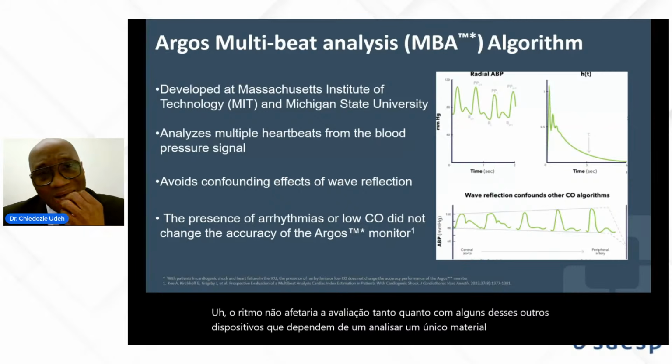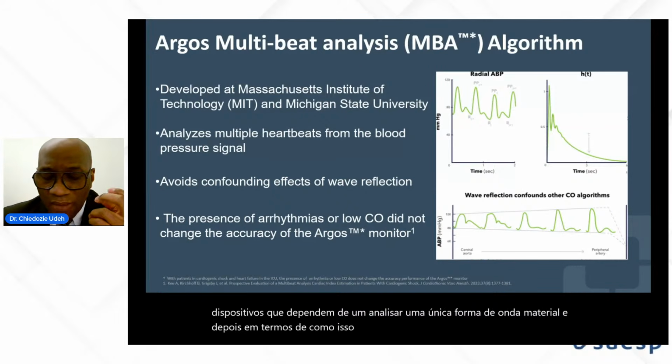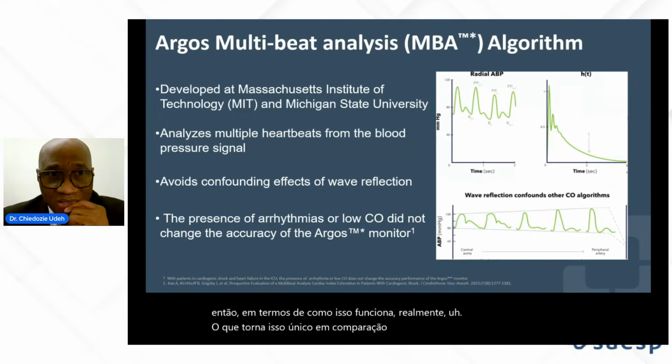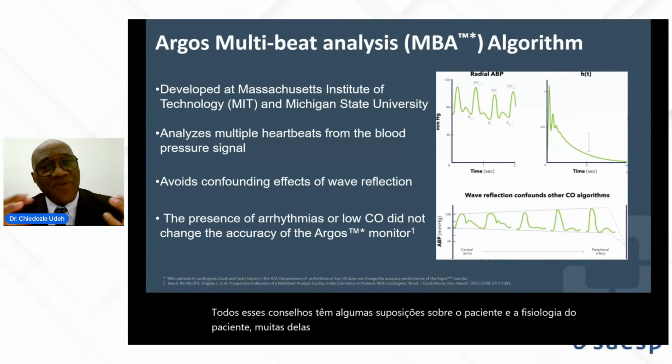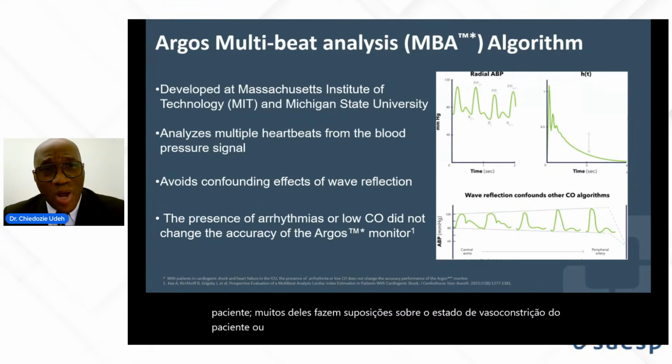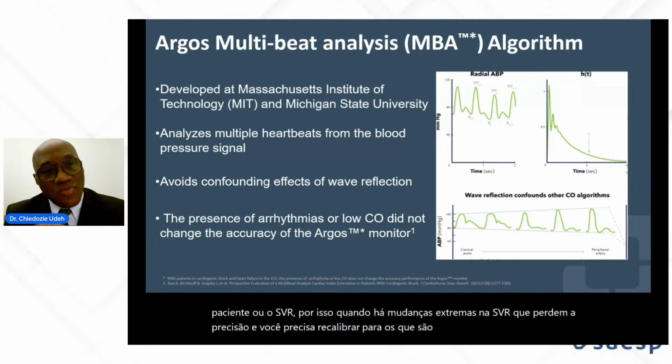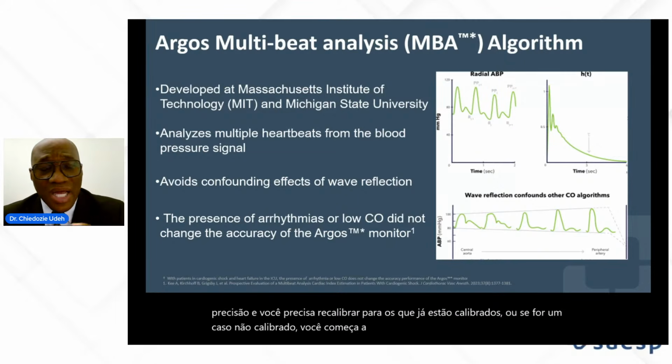And then in terms of how this works, what is unique about this compared to the other devices is that all of these devices have some assumptions about the patient and the patient's physiology. Many of them make assumptions about the vasoconstriction state of a patient, or the SVR, which is why when there are extreme changes in SVR, they lose accuracy and you have to recalibrate for the ones that are calibrated. Or if it's an uncalibrated one, then you begin to see a drift in accuracy, right?